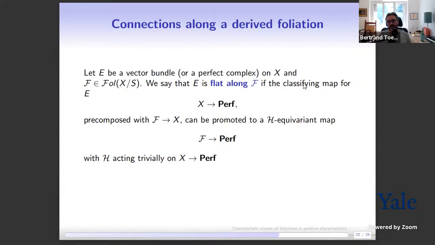And if you unfold it, you can get convinced that this is just a map from E to E tensor L_F, but you have to say that its square equals 0, and that needs a lot of homotopies and so on, and they are all encoded in this definition here. So that's just a way to say that it's infinitesimally constant along the leaves.